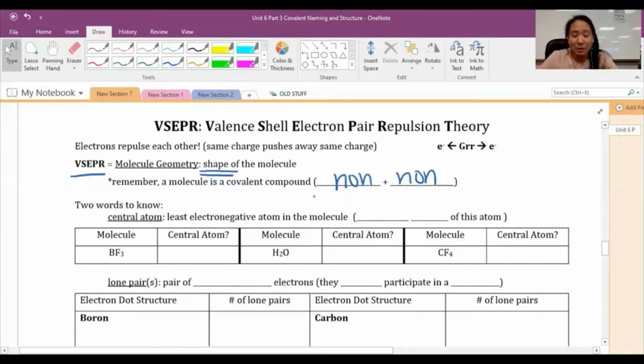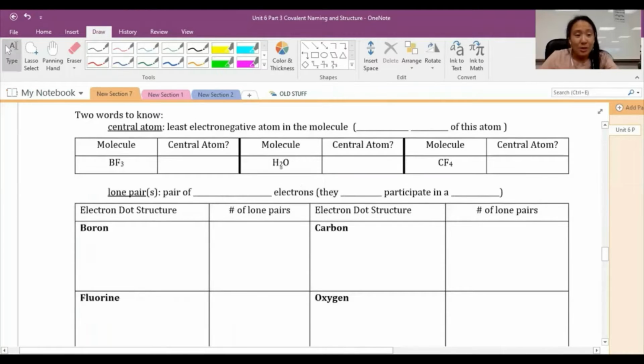So there are two vocabulary words we need to know in order to create a shape name. The first one is called the central atom. The central atom is the least electronegative atom in the molecule. To think of it simply, you can think about the fewest number of this atom. So if you see BF3, which element do you see less of?